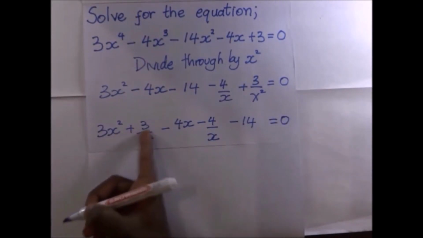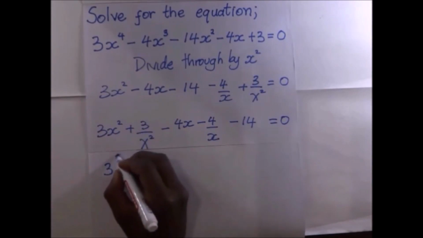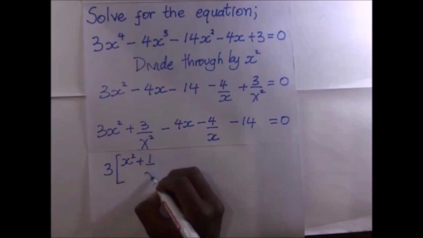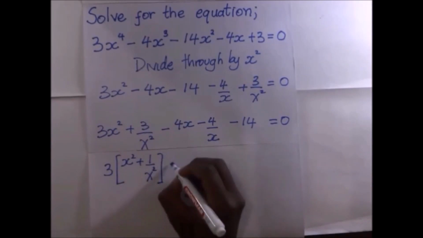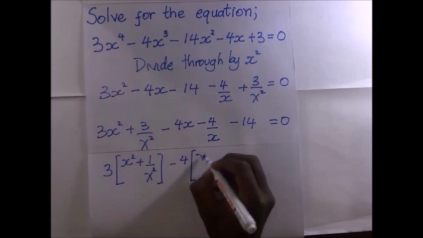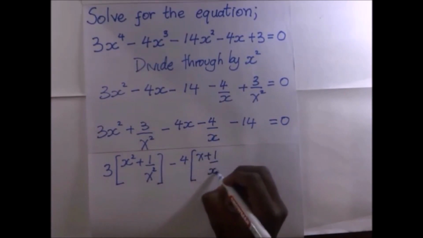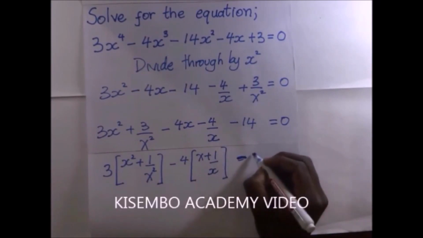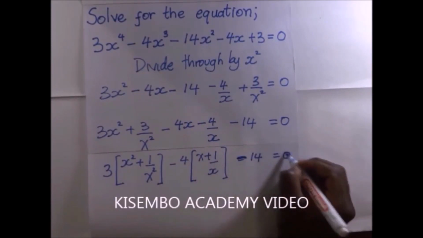So we factorize this out here. 3 is the common term. 3 into x squared plus 1 over x squared, minus 4 is the common term here into x plus 1 over x, minus 14, is giving us 0.